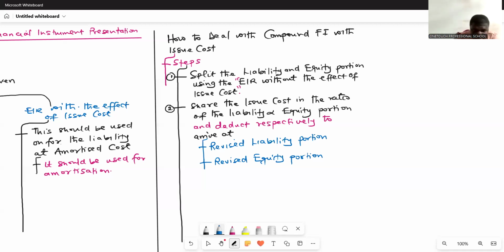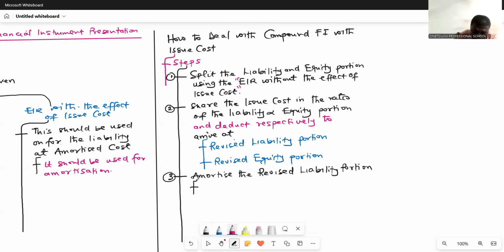Now, after this, we do our amortization. Amortize the revised liability portion.